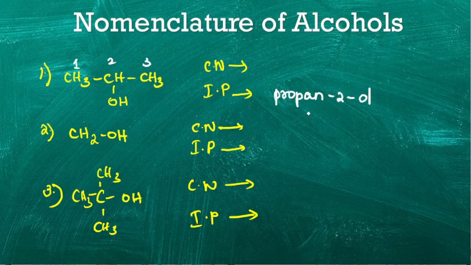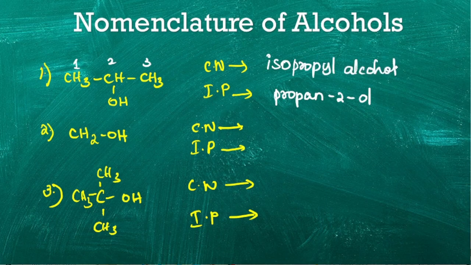Then what will be your common name? Whenever the OH is attached to the middle portion of propane, it is called isopropyl alcohol. So the common name is going to be isopropyl alcohol.